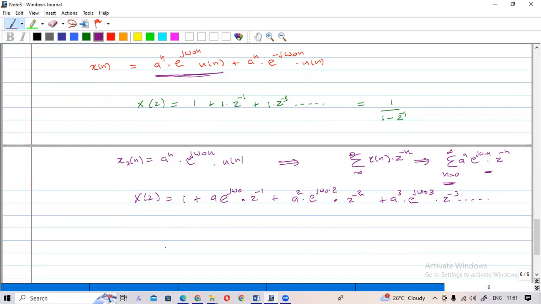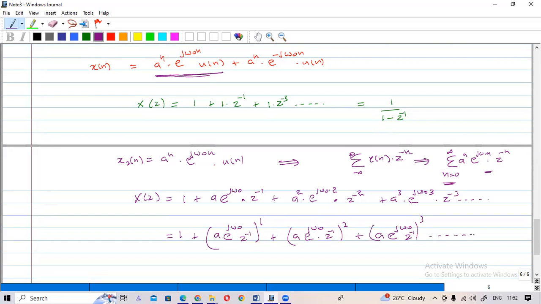So this is like 1 plus a e^(j omega naught) z^-1, then plus (a e^(j omega naught) z^-1) squared, which gives a^2 e^(j omega naught 2) z^-2, and so on.